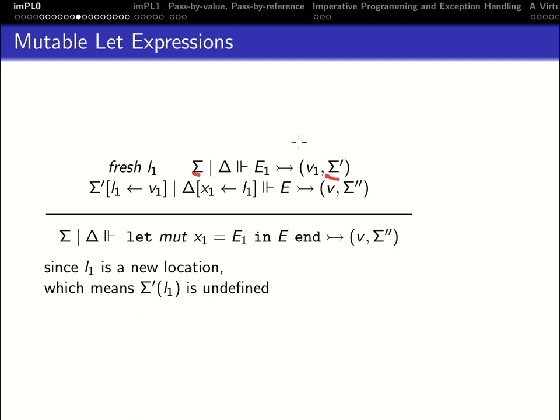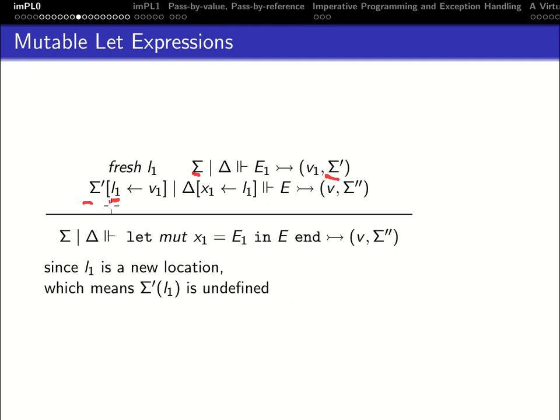We take this sigma prime that we obtain at the end of E1 and we have to expand it with a mapping for some L1, right? And we're always saying let L be a fresh variable. If you think in real terms, what do we do? We allocate space for a variable, right? We say variable equals new something, all the time. So that's what happens, right? A new location is created inside a store, inside a heap.